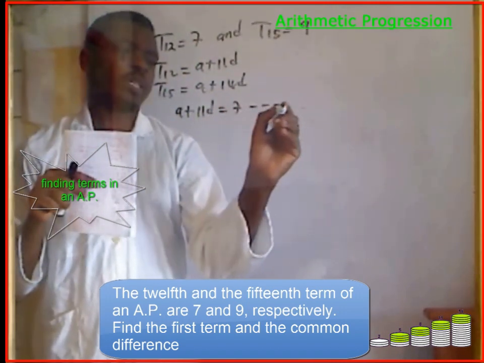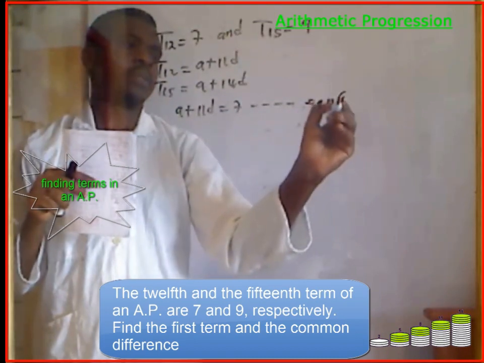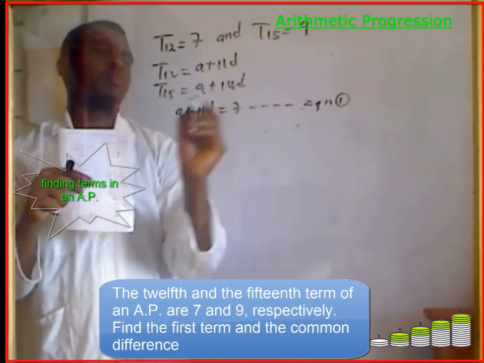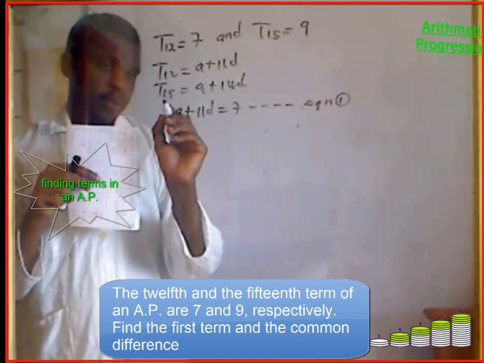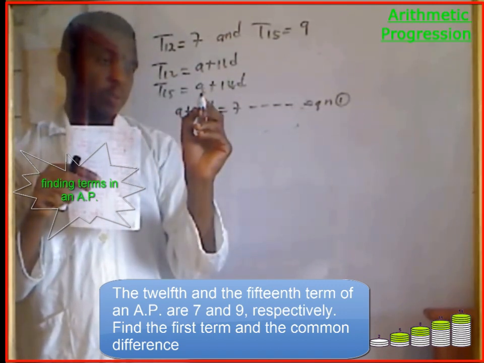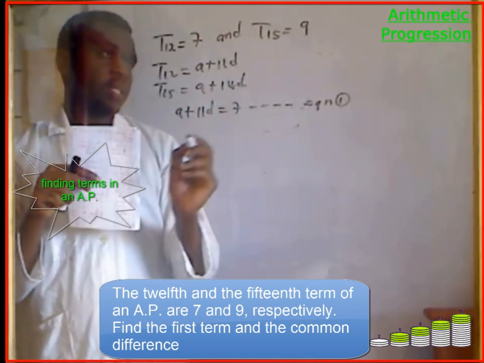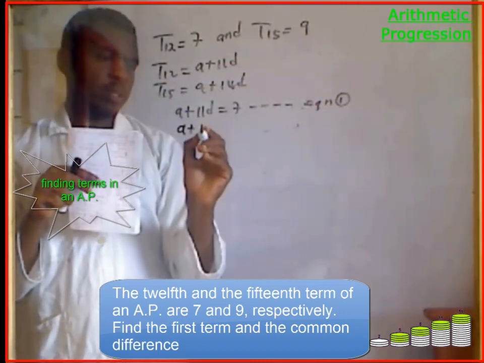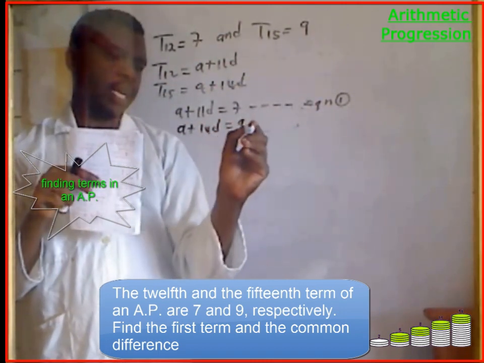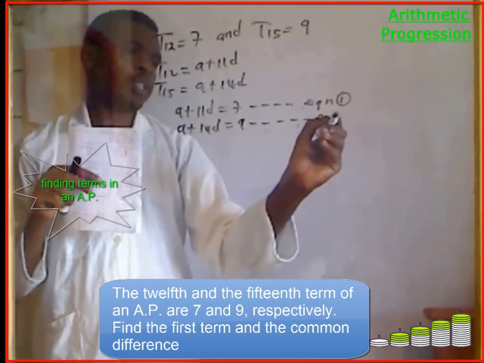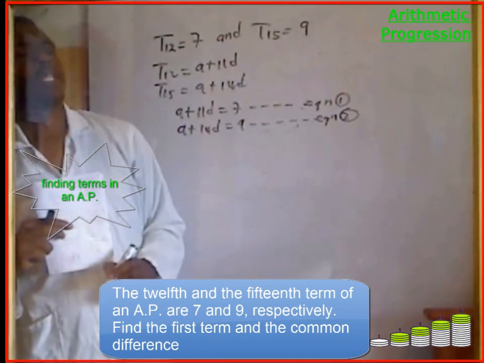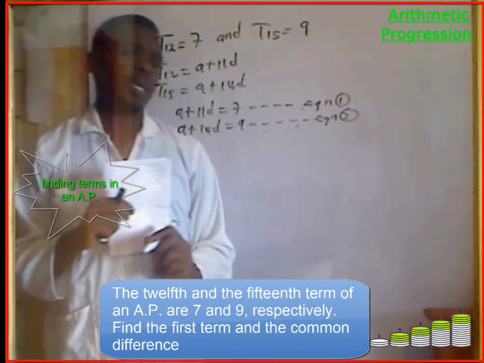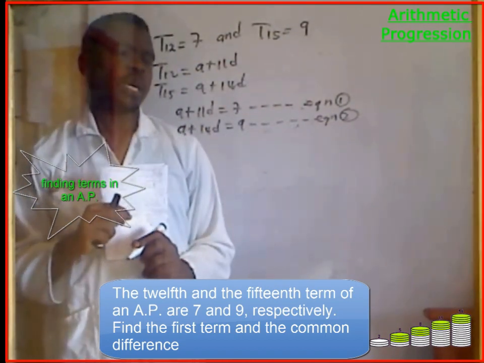I call this equation 1. T15 is equal to A plus 14D, which is equal to 9. So I say A plus 14D is equal to 9. I call this equation 2. I have two equations which I have to solve simultaneously.